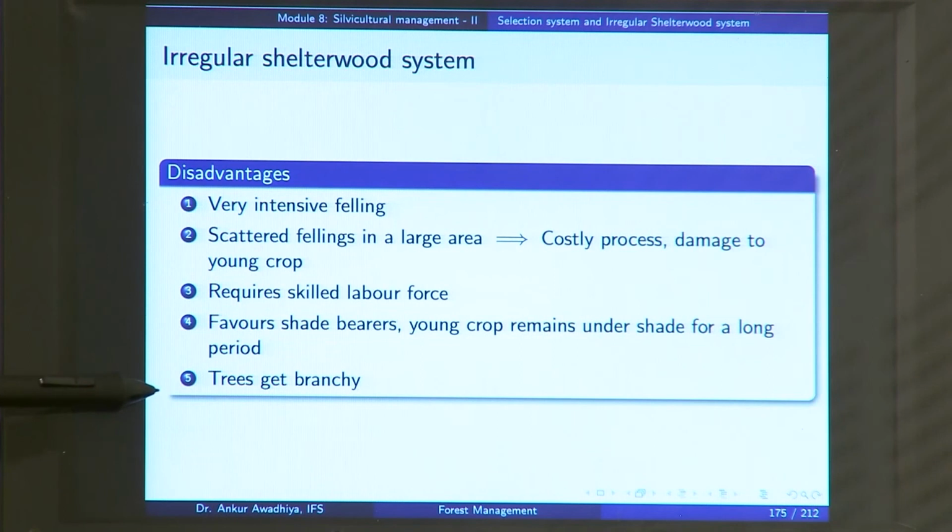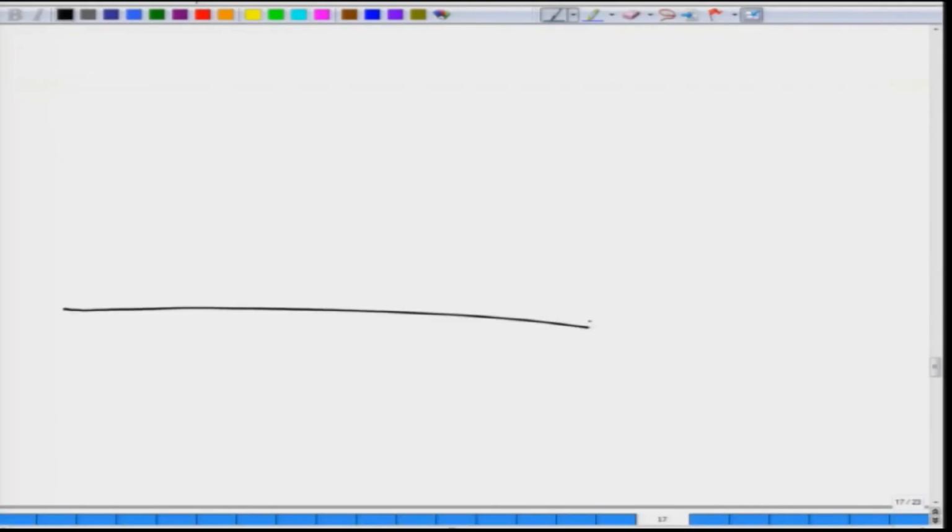Then another disadvantage is that the trees get branchy in this situation, because things are so confusing, so haphazard, that in a number of cases the trees get branchy. Now, this is unlike in the case of an even aged forest, such as a clear felling forest. In the case of a clear felling forest, what was happening is that you were raising these young plants and they were close together and they were competing against each other.